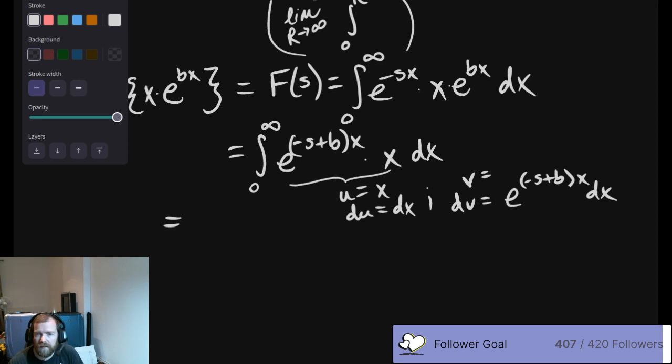So when we bring them together, it makes only one term. So here we still get the e to the negative (s plus b) x, multiplied by, in this case, the constant that is going to come down from up top.